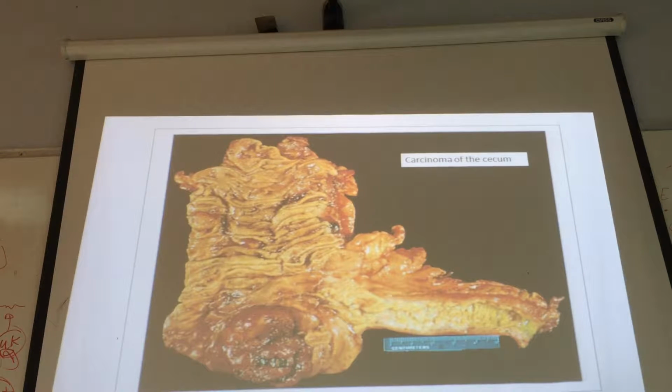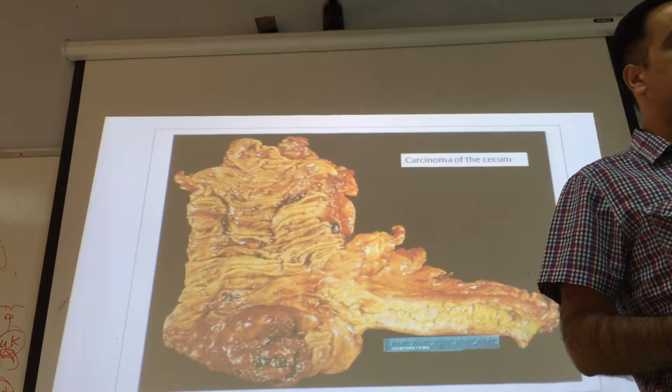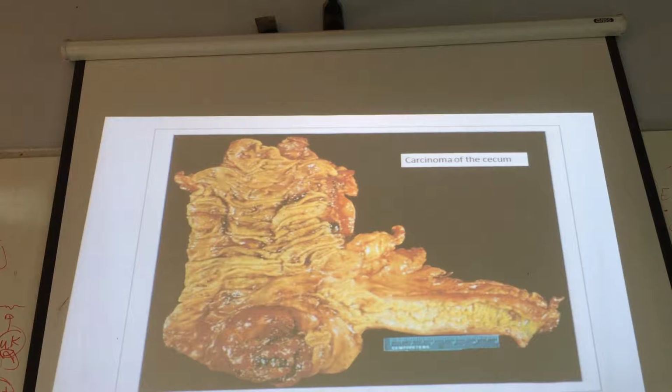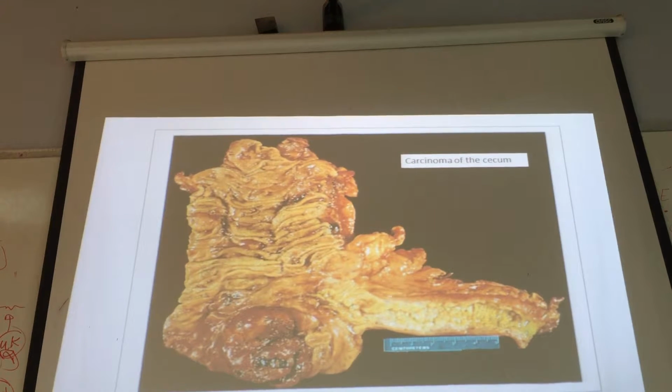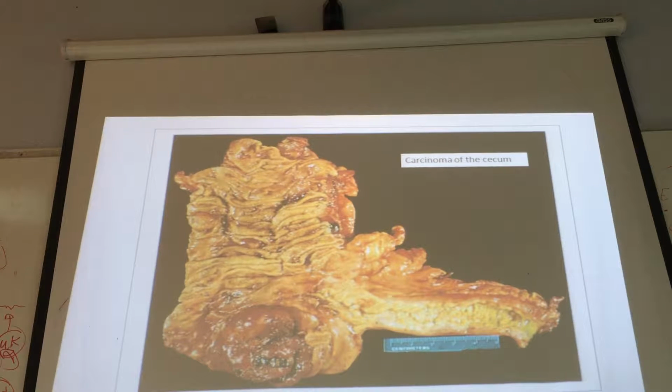How will you diagnose the GIST? If you are not sure that this is GIST, what are the markers you will use? CD34, which is which type of marker? Stem cell marker. Good. Any other marker which is more important than CD34?